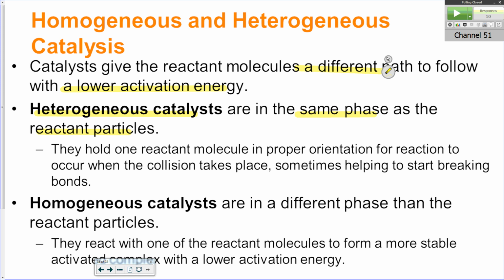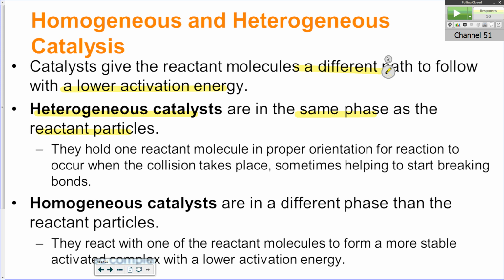The catalytic converter is a solid. The gases that are coming by it are in the gas state. So that's in separate phases. The catalytic converter is one of the most common catalysts that we use in everyday life. So that's an example of a heterogeneous system.